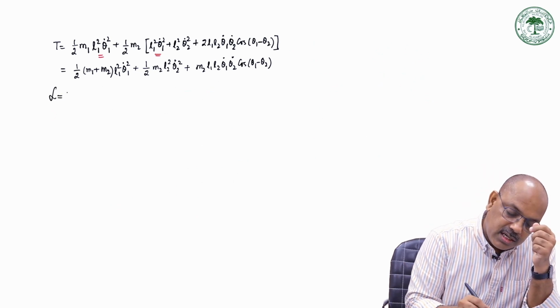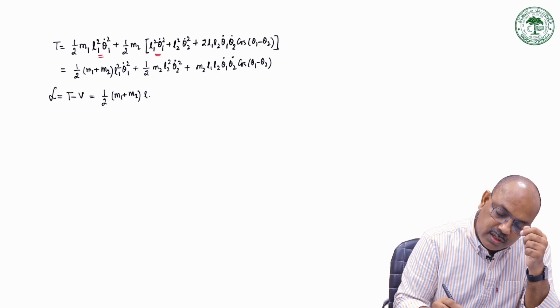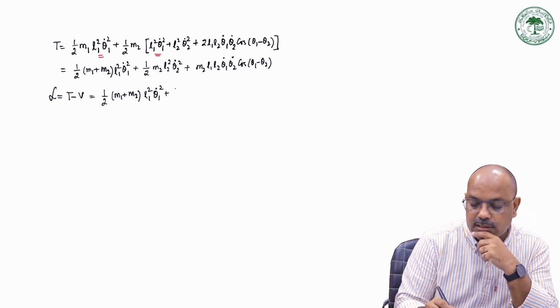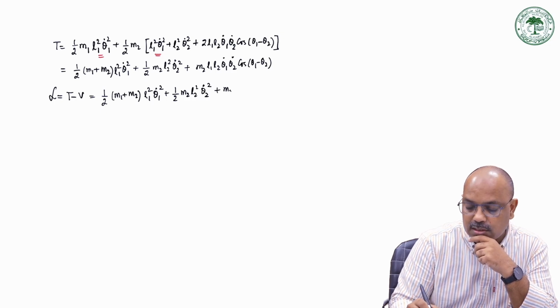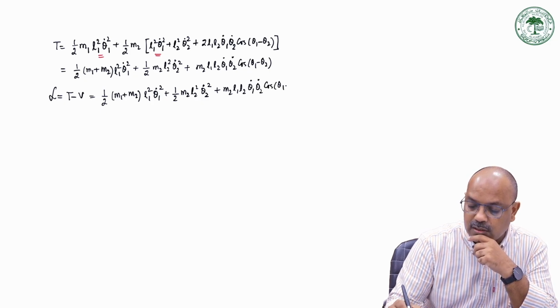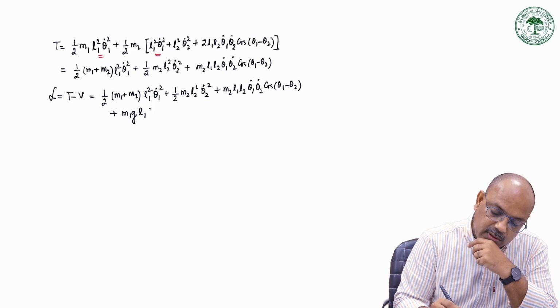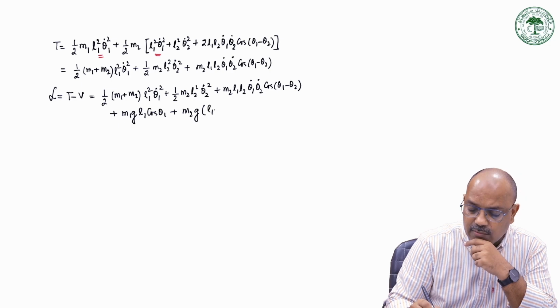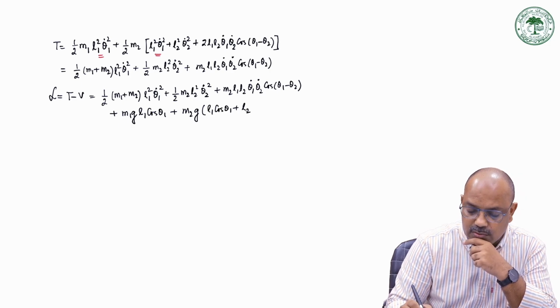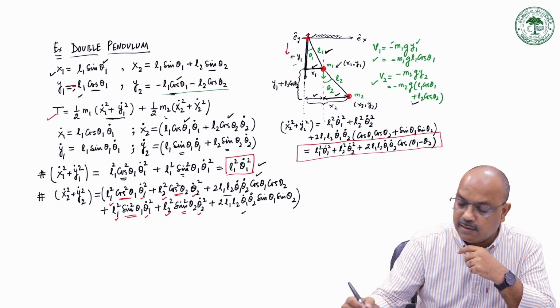The Lagrangian, T minus V, is going to be half (m1 plus m2) L1 squared theta 1 dot squared plus half m2 L2 squared theta 2 dot squared plus m2 L1 L2 theta 1 dot theta 2 dot cos of theta 1 minus theta 2, and the potential energy term is plus m1 g L1 cos theta 1 plus m2 g (L1 cos theta 1 plus L2 cos theta 2). Okay, so this is what I have.